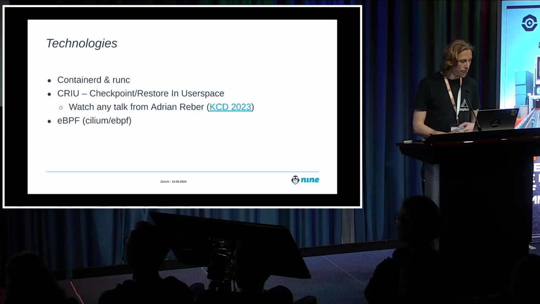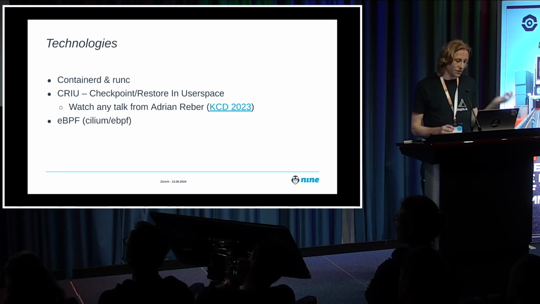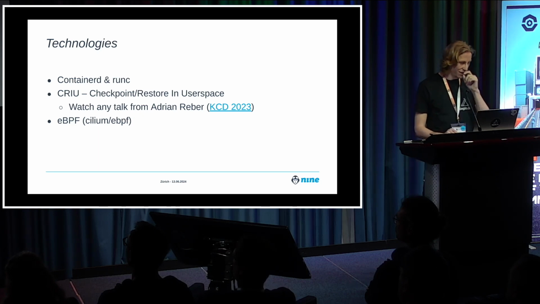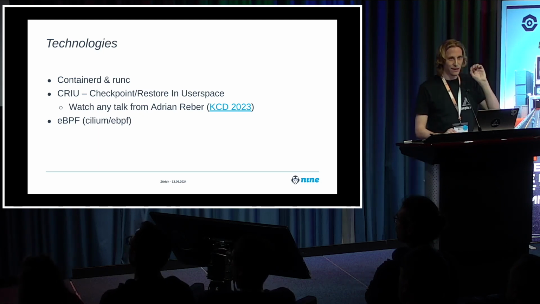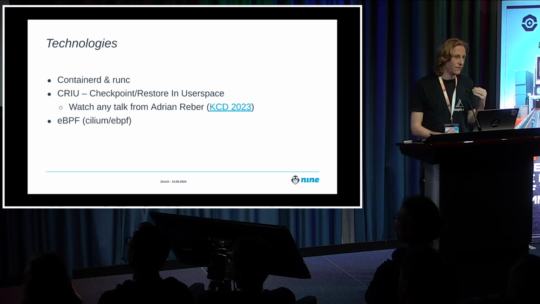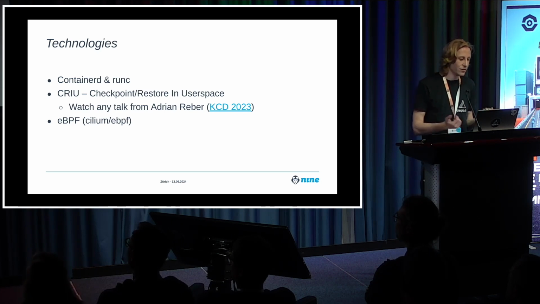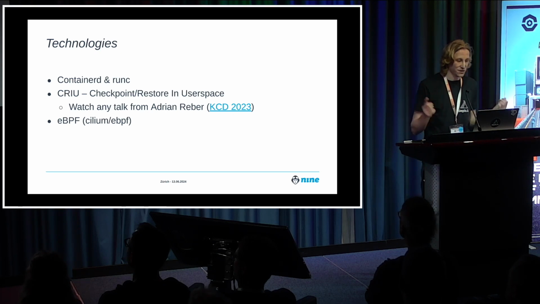So technologies, as you've seen already, Containerd and runc are two important parts here. The running container will be the same as any other runc container. I'm still using runc. For checkpointing and restore, I'm using CRIU. That's the one tool.